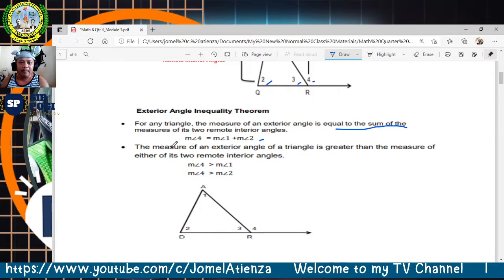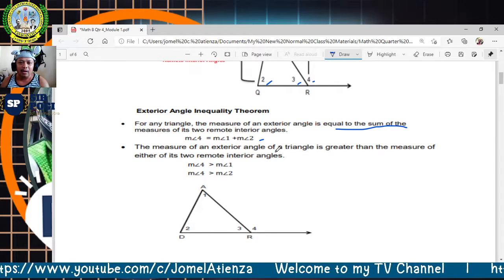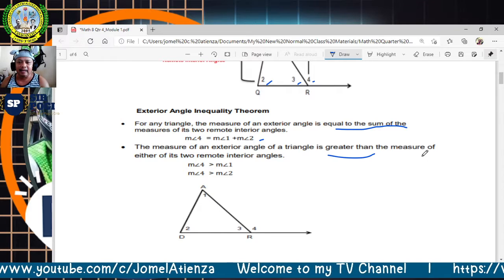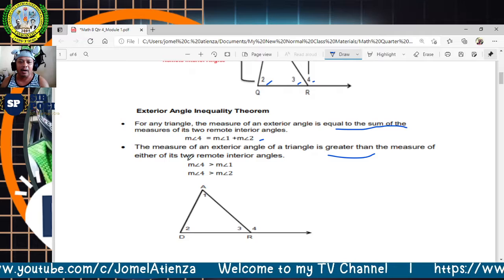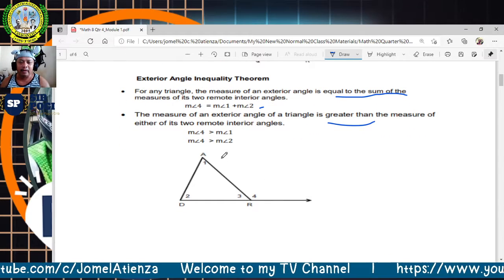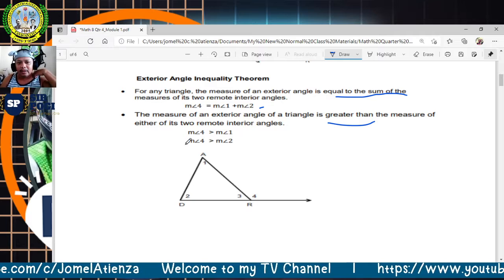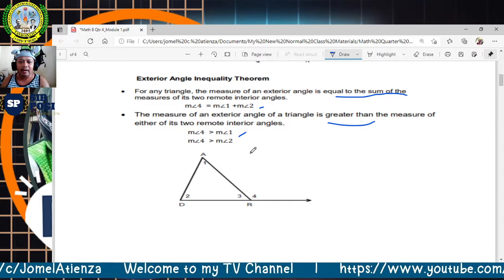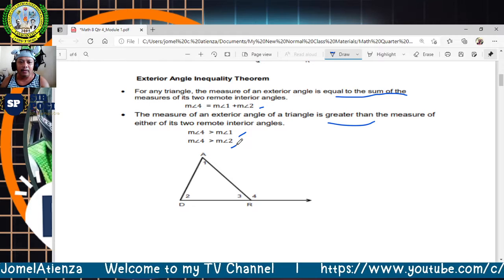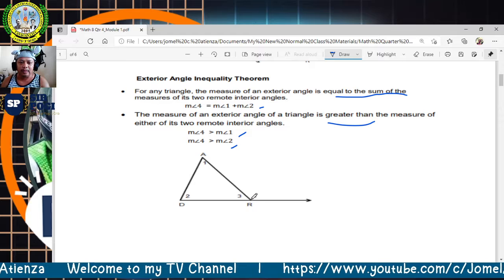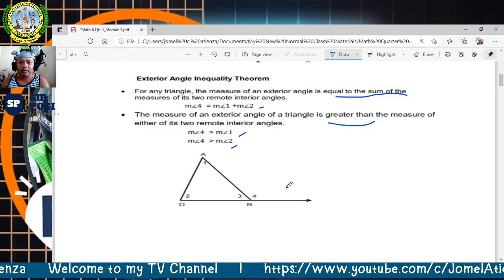And the measure of an exterior angle of a triangle is greater than the measure of either of its two remote interior angles. So for this illustration, the measure of angle 4 is greater than the measure of angle 1, and greater than the measure of angle 2, as you can see in our illustration.